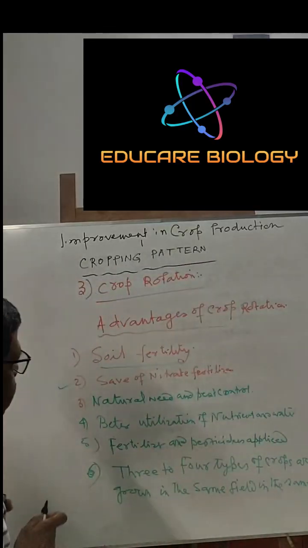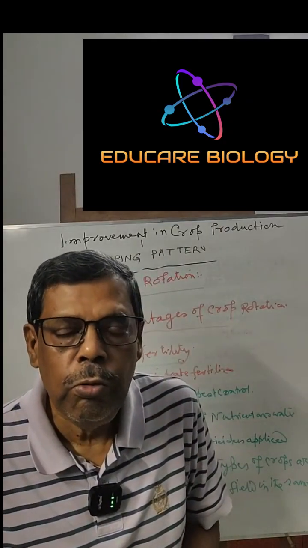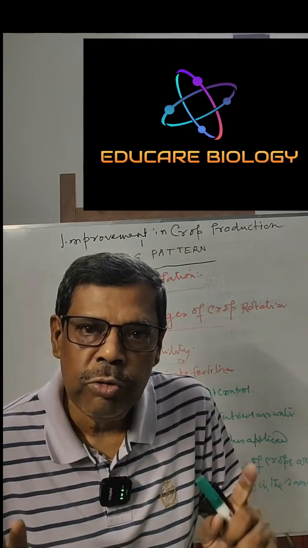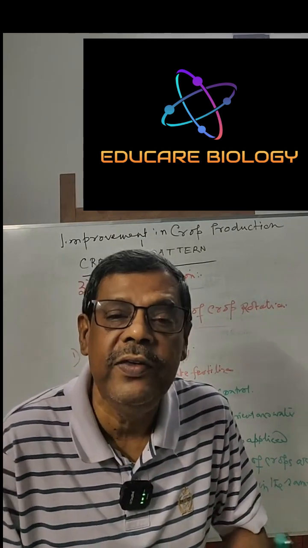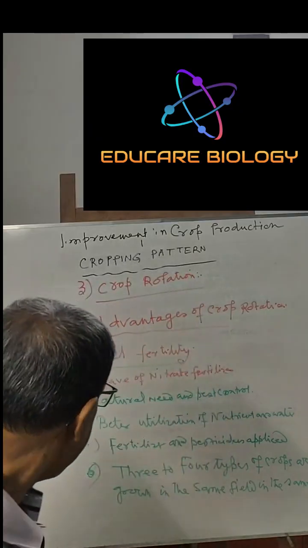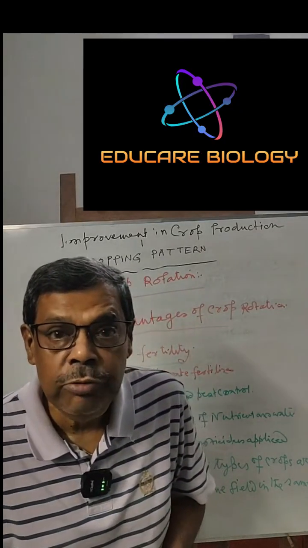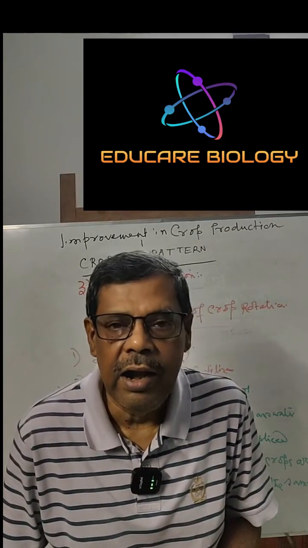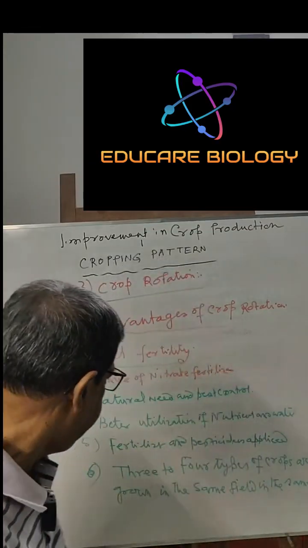Number 3, weeds and pathogens are controlled naturally by this process. Number 4, by this process, better utilization of nutrient and water from the different layers of the soil.